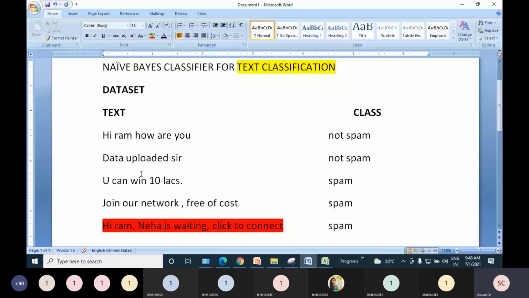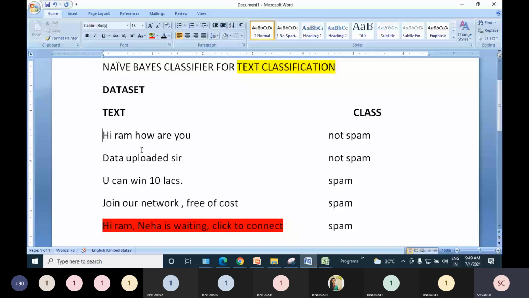In training examples, I am telling what is spam and what is not spam. So the first record of my data set is 'Hi Ram, how are you?' as the text, and this is considered not spam.